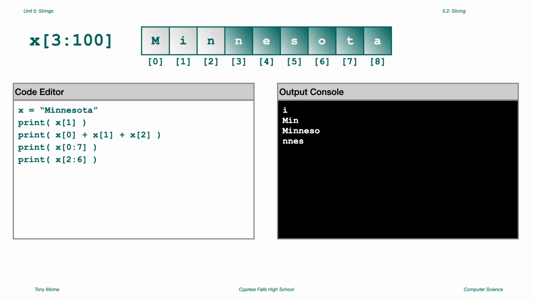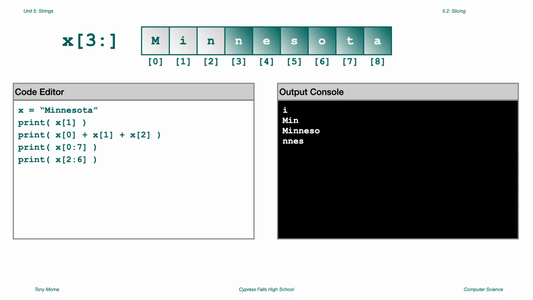That all being said, if you know your intent is to go all the way to the end of the string, the best way to do that would be to simply type 3 followed by a colon. Whenever you type just the starting point and no end point, the Python interpreter will assume that you want to go all the way to the end of the string.